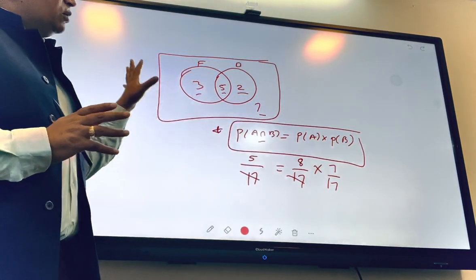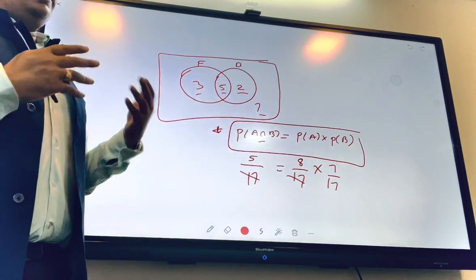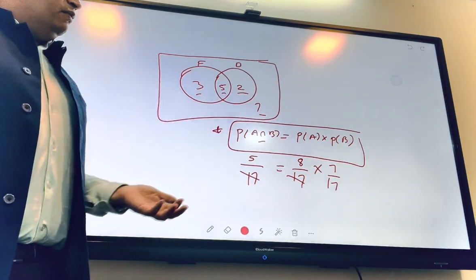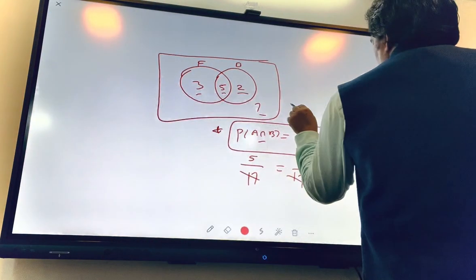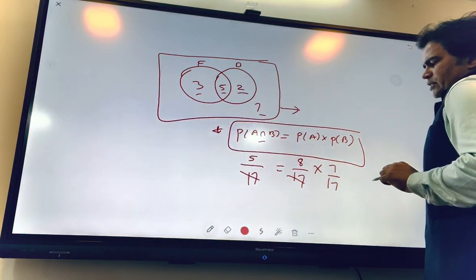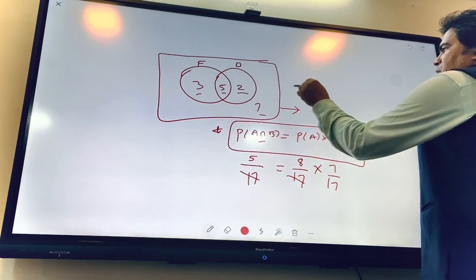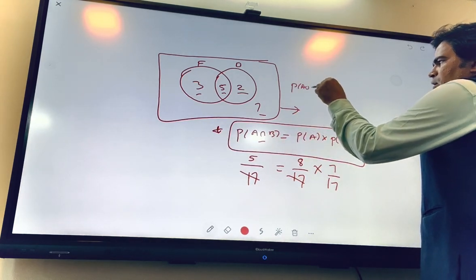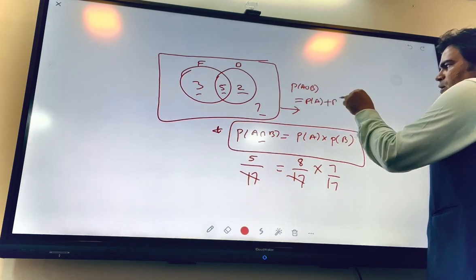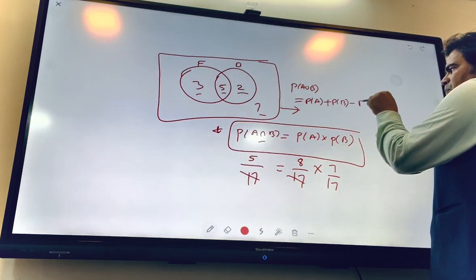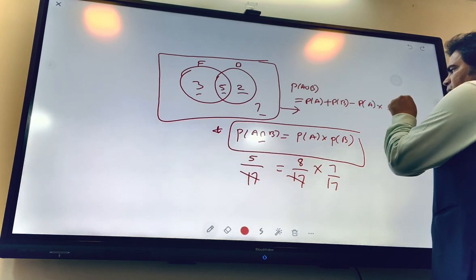This is the general idea about when we call an event exclusive or when an event is independent. So let me give you the final formula for this. The final formula that we have got is, the probability of A union B is PA plus PB minus PA times PB.